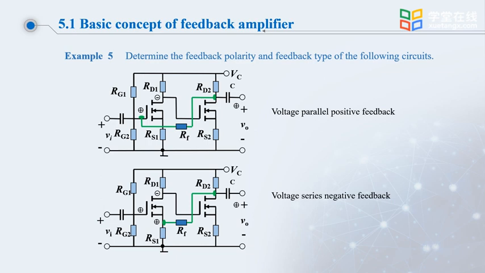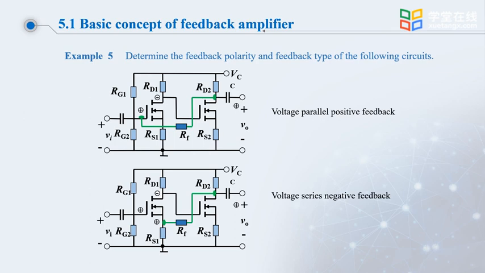With the instantaneous polarity method, the grid of the T12 is given an instantaneous positive. Then the drain of the T12 is instantaneous negative. The grid of the T22 is instantaneous negative. The drain of the T22 is instantaneous positive. What we are concerned about is the effect of the potential on the left side of the RF.